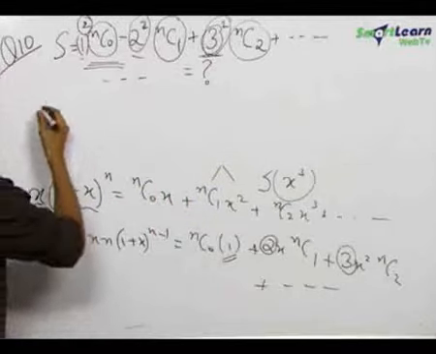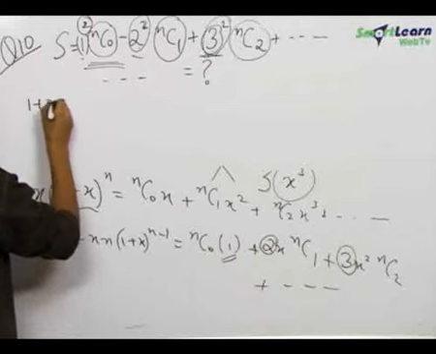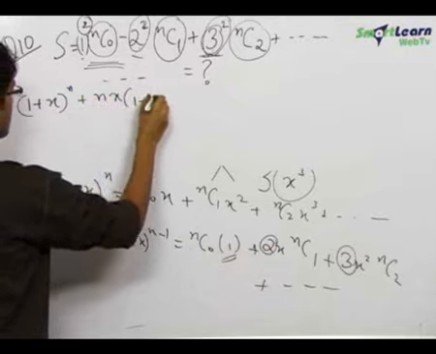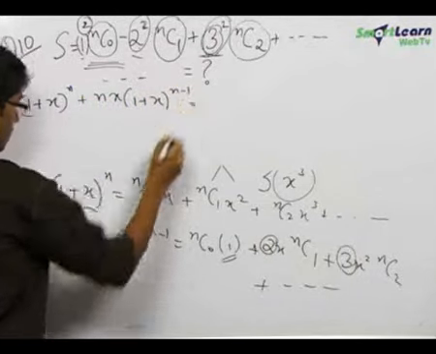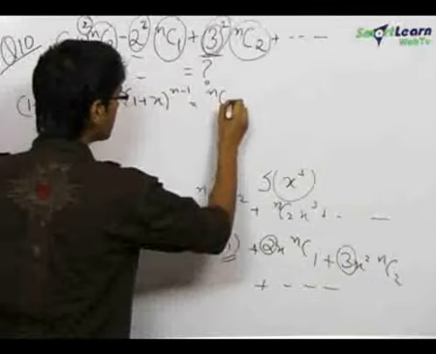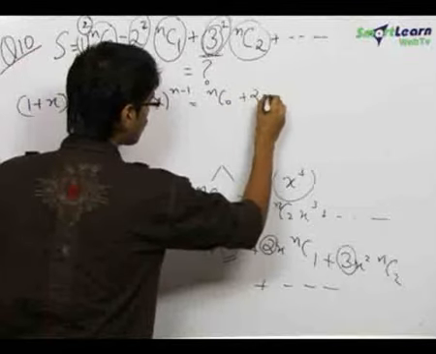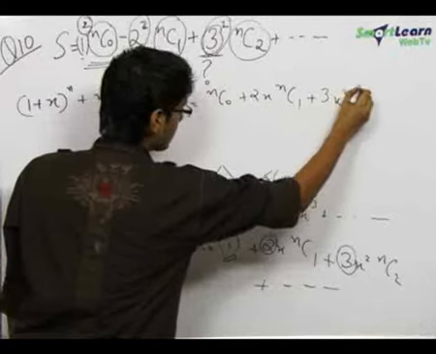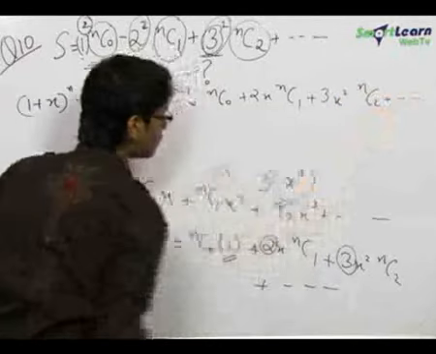Now rewriting the whole expression again, we get (1 + x)^n plus nx into (1 + x)^(n-1) equals nC0 plus 2x into nC1 plus 3x square into nC2 and so on.